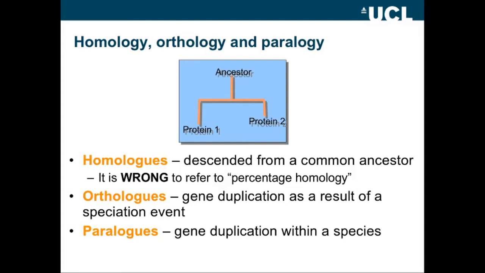Therefore, it is wrong to refer to percentage homology. Either two proteins or genes are homologous or they're not. Just as you are either dead or you're not, or pregnant or you're not. You can't be 15% pregnant or 37% dead.